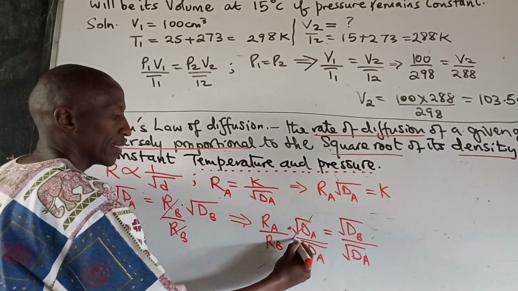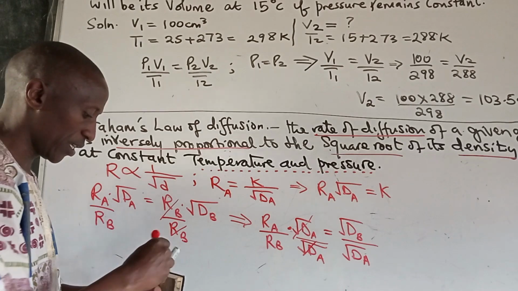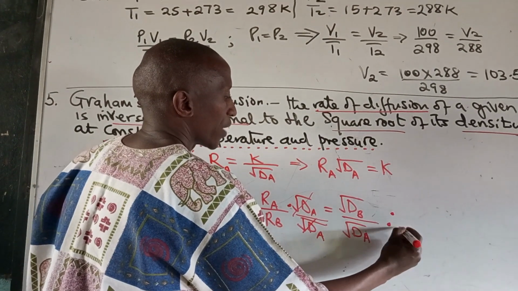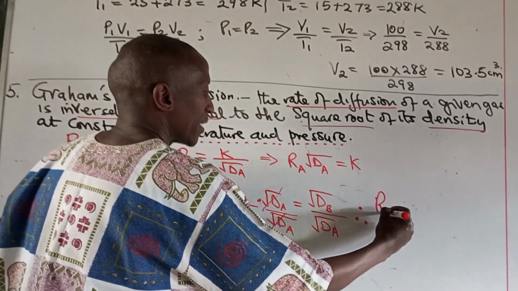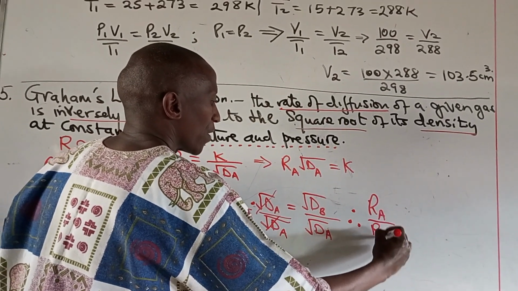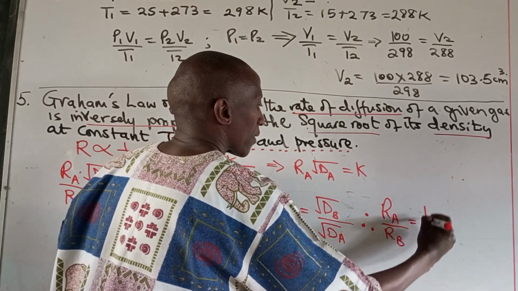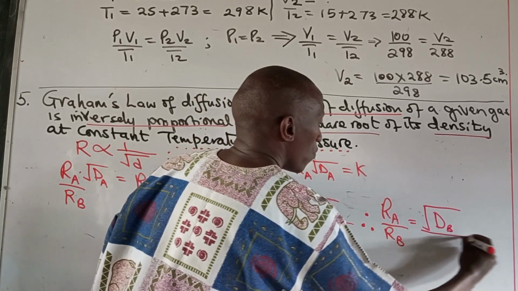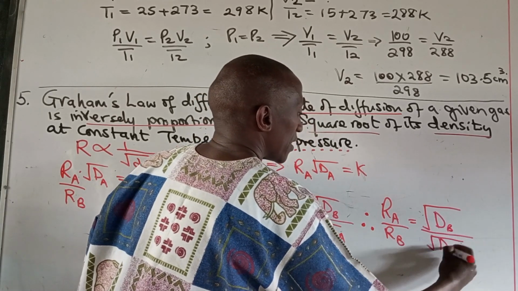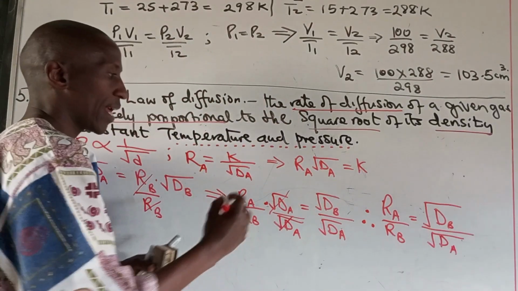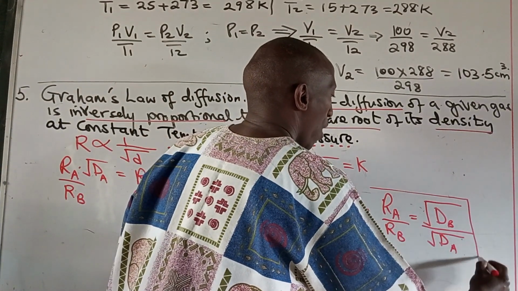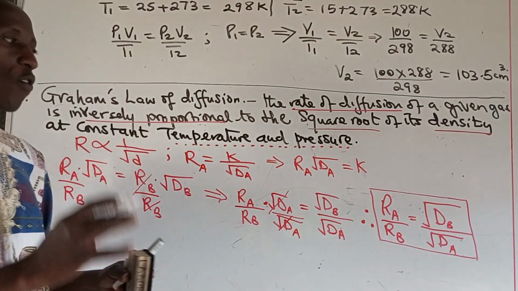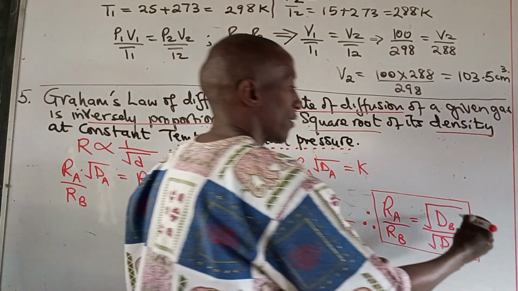This cancels out, and therefore we can make a very good conclusion: the rate of gas A all over the rate of gas B is equal to the square root of the density of gas B all over the square root of the density of gas A. And that marks our first equation in terms of comparing two gases.